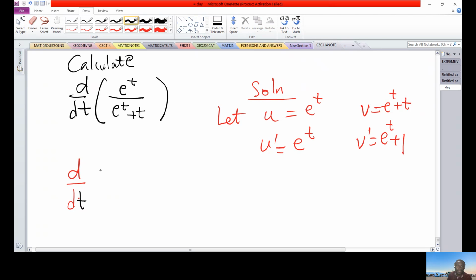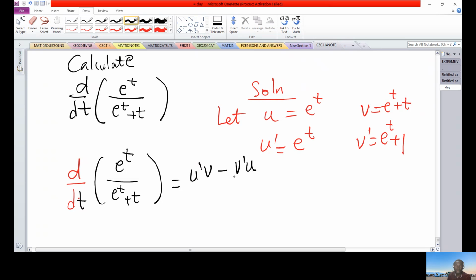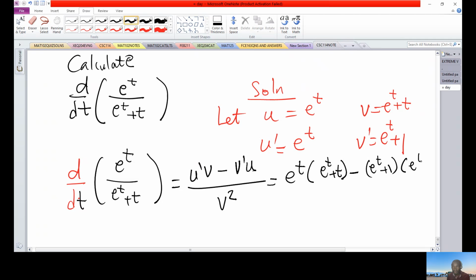So d/dt of e^t over (e^t + t) is (u'v - v'u) over v squared, which will be e^t into (e^t + t) minus (e^t + 1) times e^t, over (e^t + t) squared.